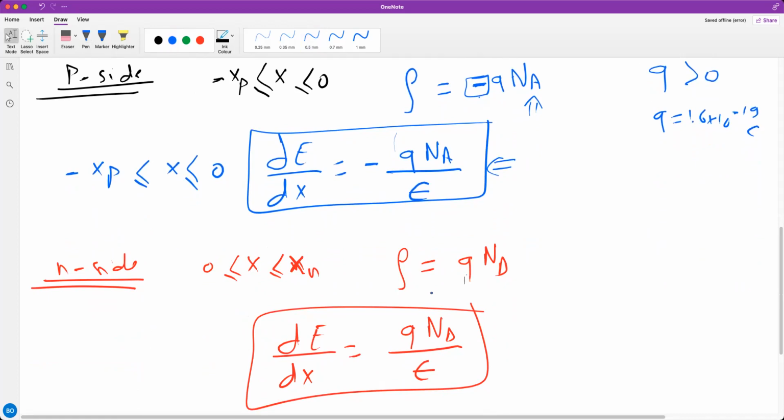Because here we have positive charges accumulating in the n-type. So the gradient of the electric field is equal to the absolute charge of the electron times the number of donors divided by epsilon.